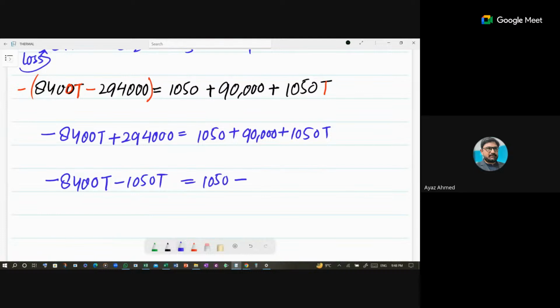it would be 1050 plus 90000 minus 294000.